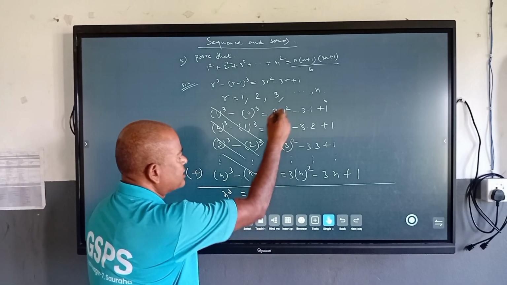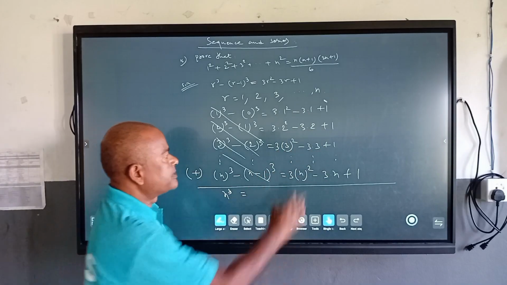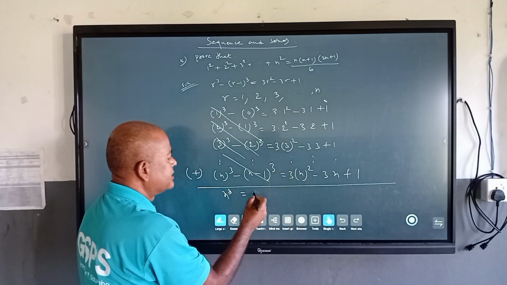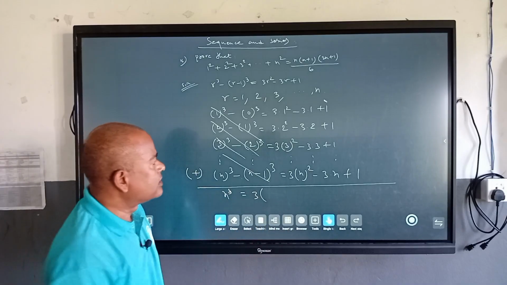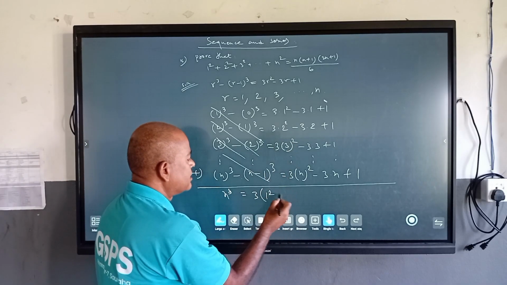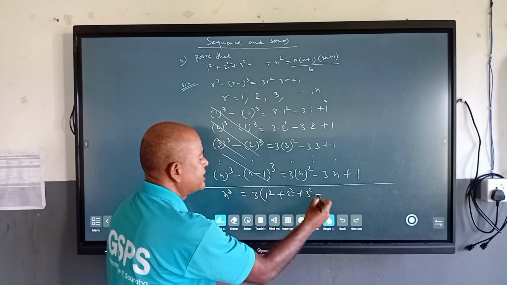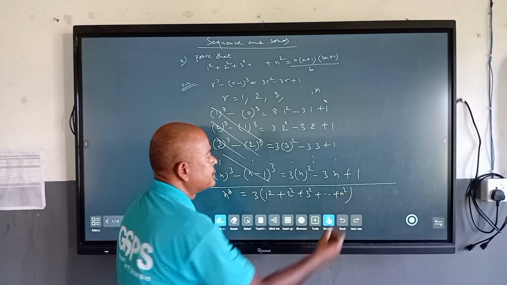And if we take the sum of all the expressions of the right hand side, then 3 is common. We can take 3 common. Then we get a series 1 square plus 2 square plus 3 square plus dot dot dot n square.